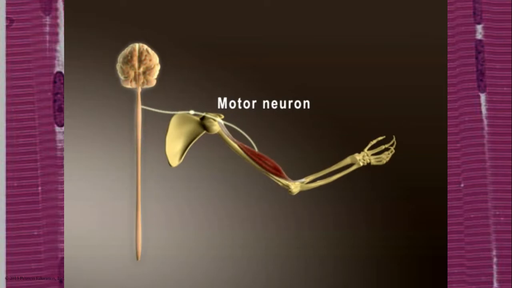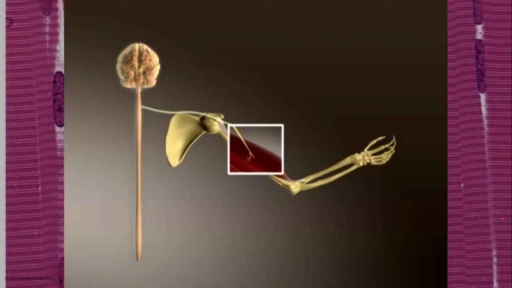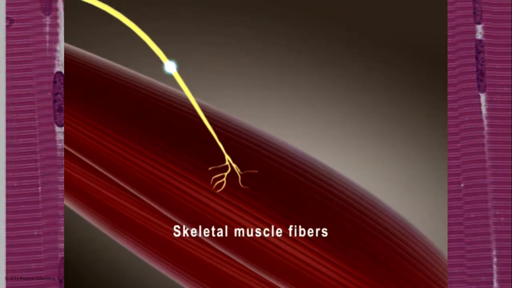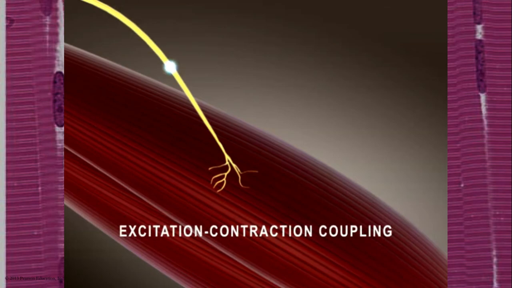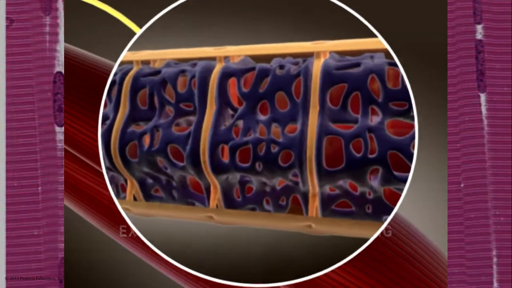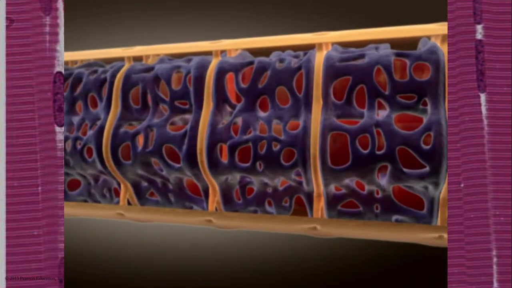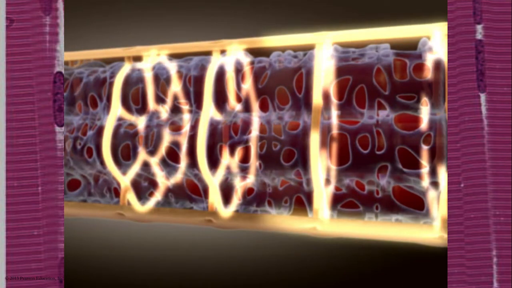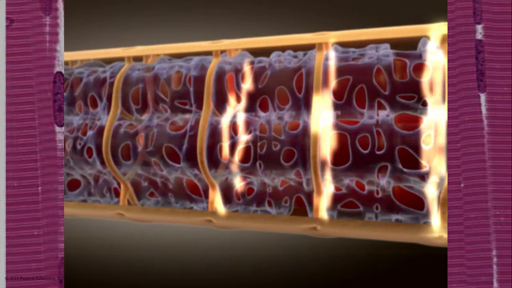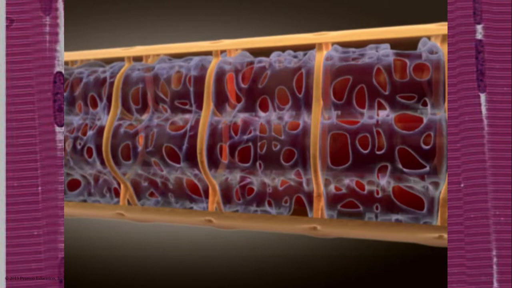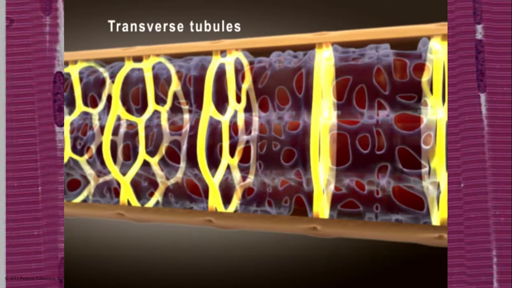Conducts action potentials that travel through hundreds of skeletal muscle fibers within a muscle. The sequence of events that converts action potentials in a muscle fiber to a contraction is known as excitation-contraction coupling. If we look at a single muscle fiber, we see that an action potential travels across the entire sarcolemma and is rapidly conducted into the interior of the muscle fiber by structures called transverse tubules.